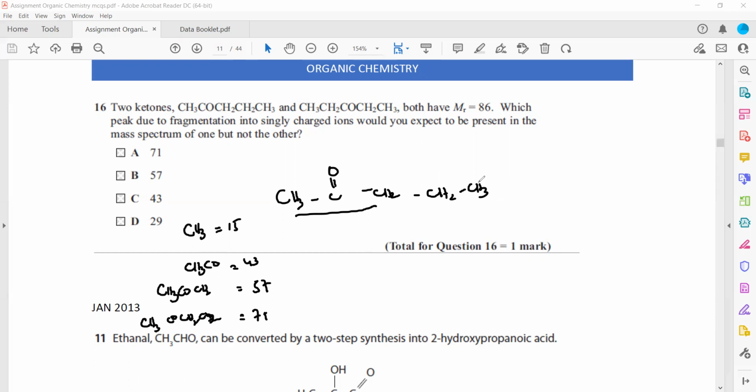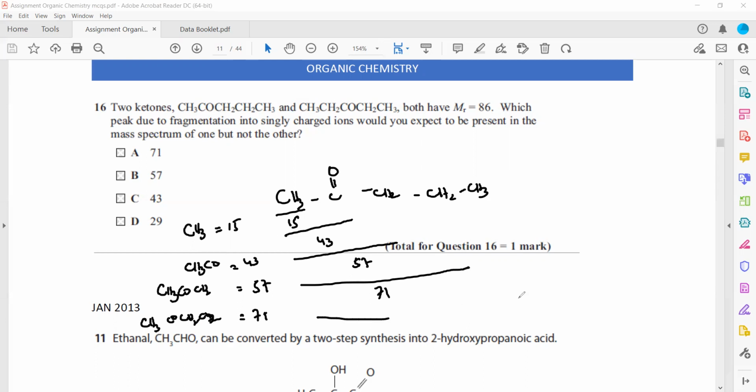Now we break from right to left. The short way, you can do it on the same part. There will be a peak at 15, a peak at 43, a peak at 57, a peak at 71 and a peak at 86. And then there will be a peak at 15, then 15 plus 14, so 29.